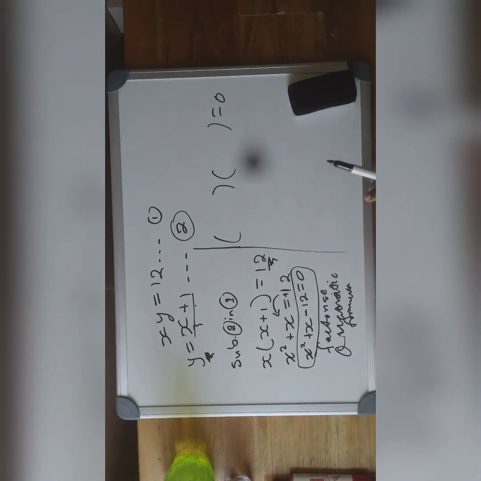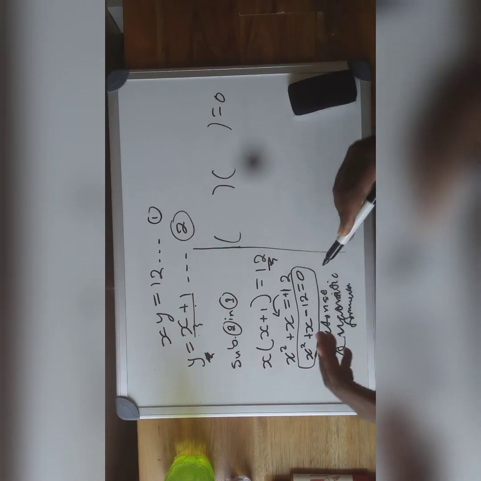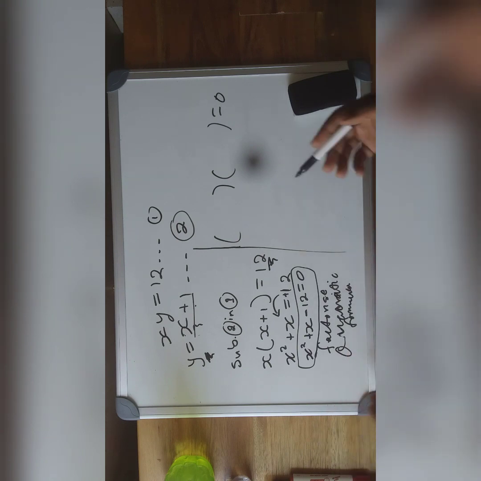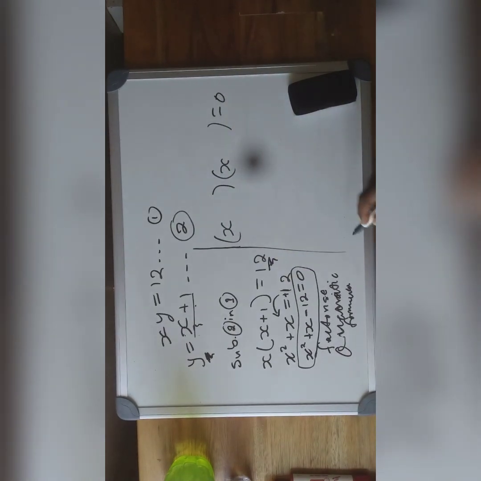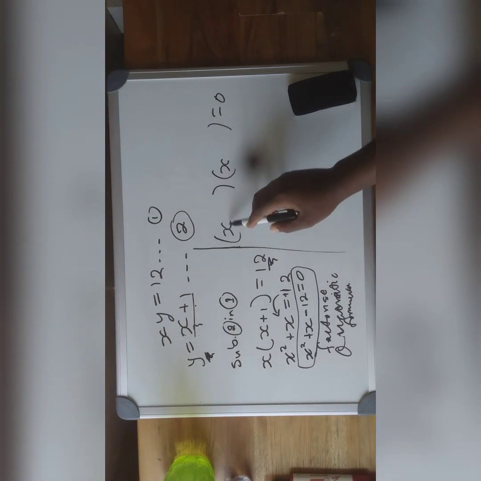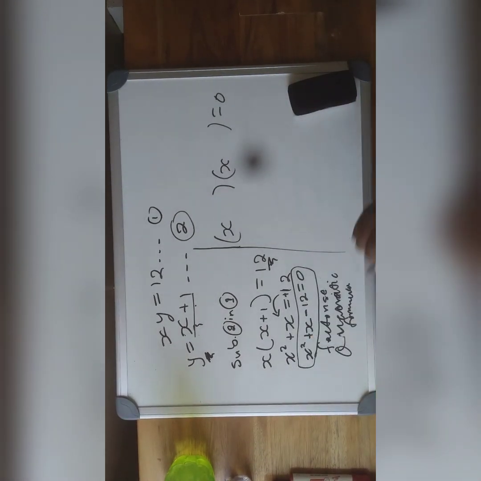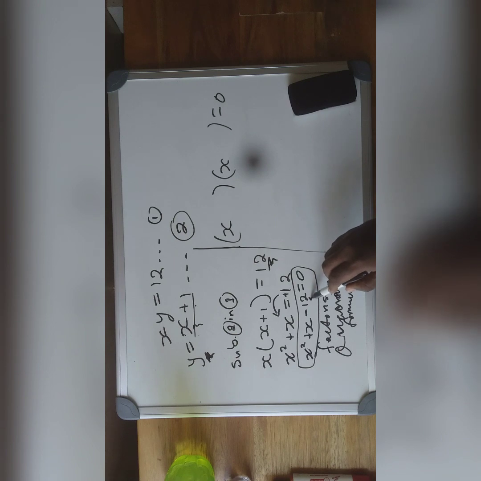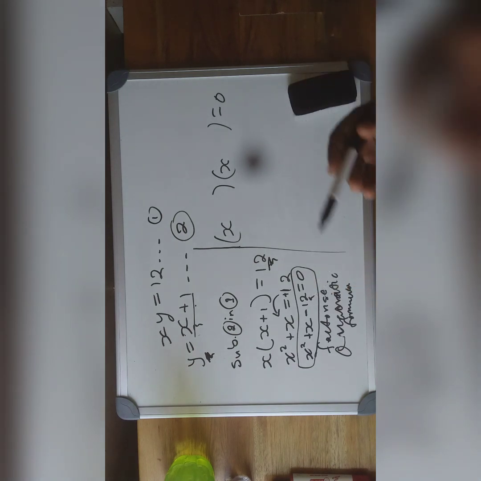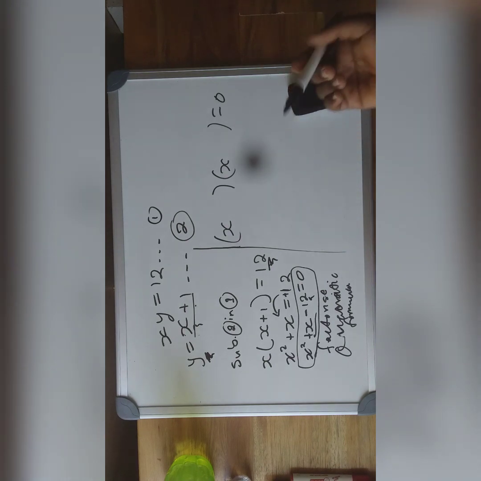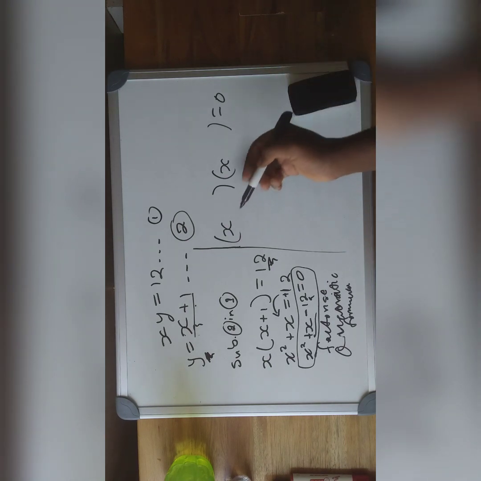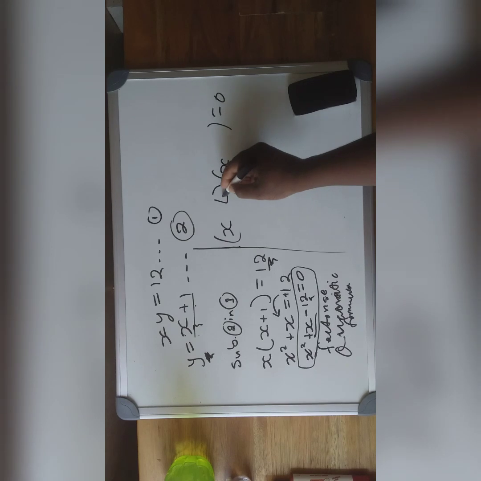Since we are just trying to break it into smaller pieces, x and x, that's what we know. If you multiply x and x, you're going to get x squared. Now we need values of 12 that when we add or subtract them, we get a positive one. So in my mind, I have 4 and 3.